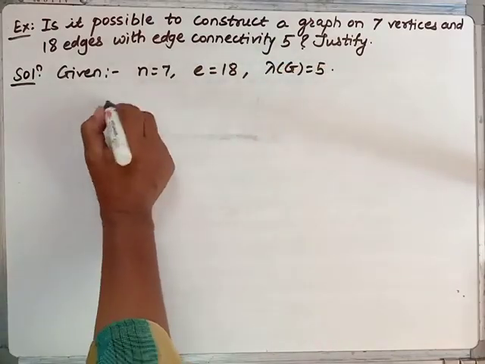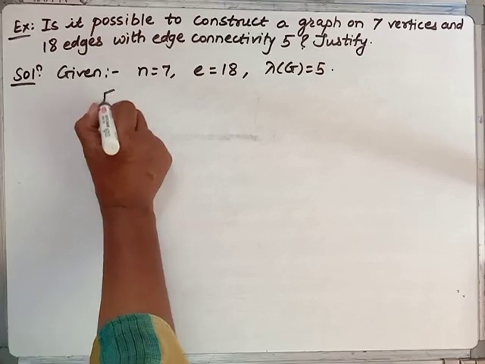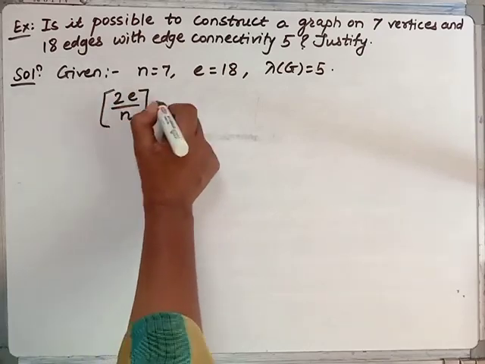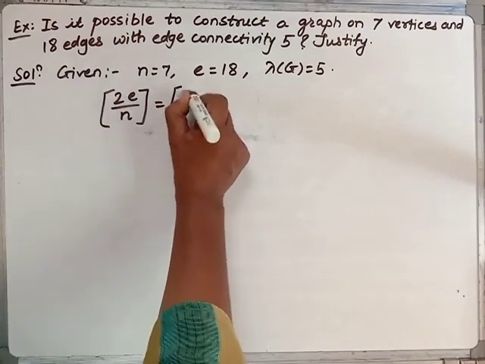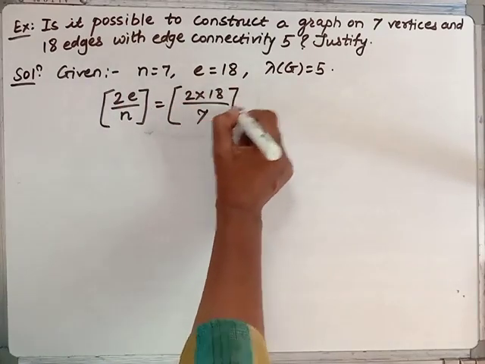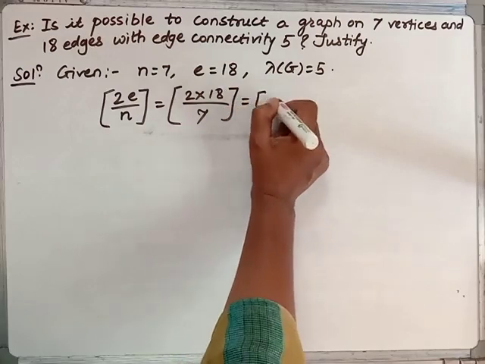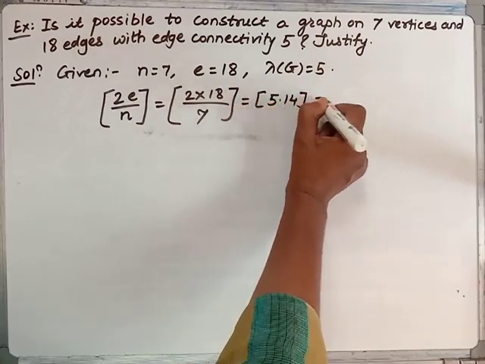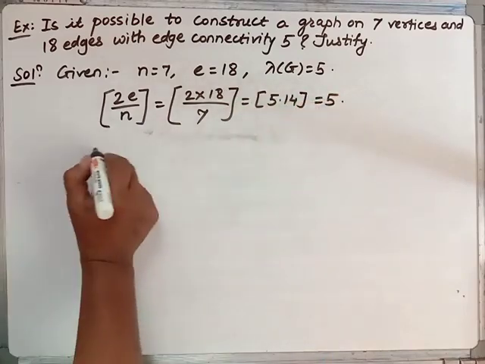Now let's find 2e upon n. 2 into 18 upon 7 gives us 5.14, so the integer part is 5.